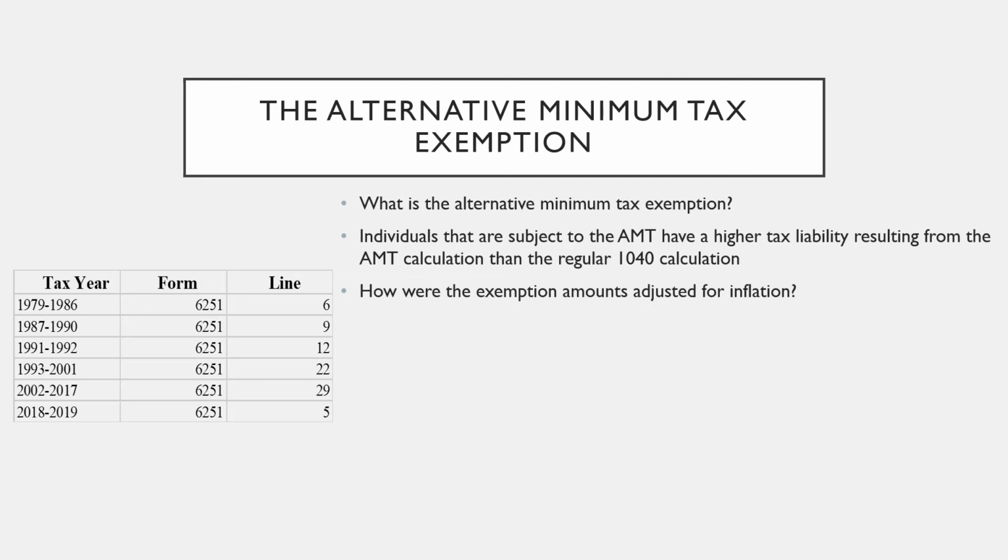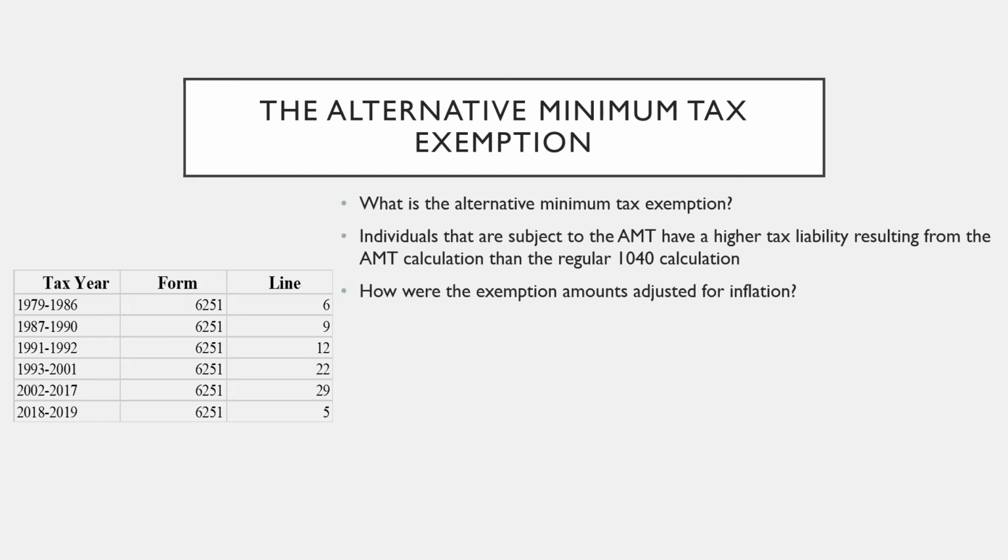And the table to the left shows the years that the Form 6251 did not change and the changes where you could find the exemption amounts on each line. And the reason why I had to start at 1979 instead of 1969 when the tax was originally enacted is that the IRS only provided data, or the Form 6251, starting in 1979.